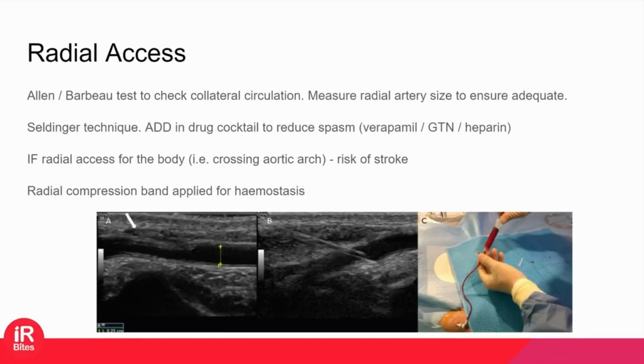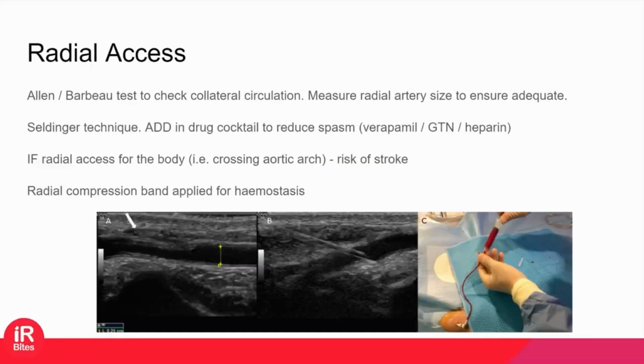Getting into the artery is exactly the same as a femoral in the first instance. So Seldinger technique: needle, wire, get the sheath in. The only difference is your radial artery is very small and it can spasm, and that's what you ideally don't want. So usually you give a bunch of drugs to try and prevent spasm and muscle contraction of the arteries.